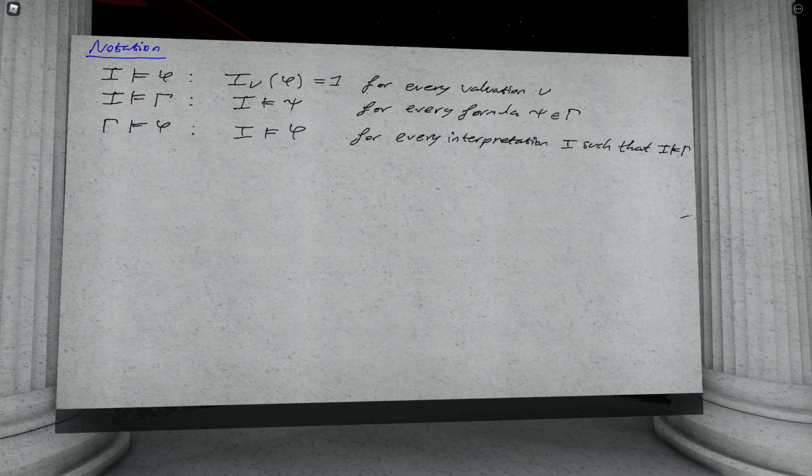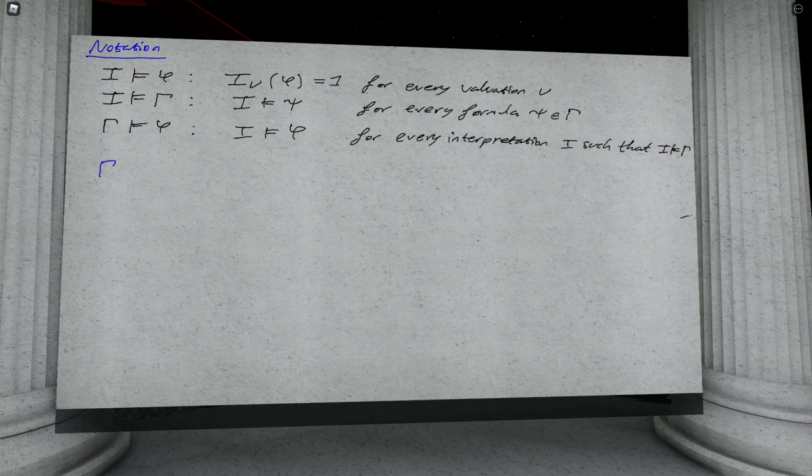And with this definition, we can now state the soundness theorem. Actually, that's a lie. We need one more, which I should have done on the other board.